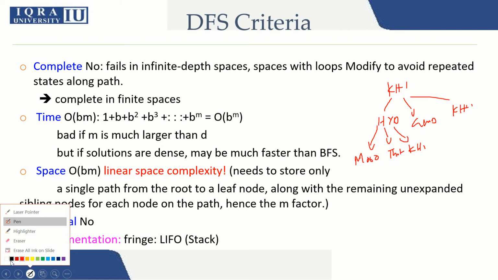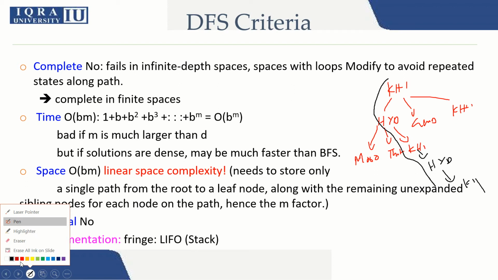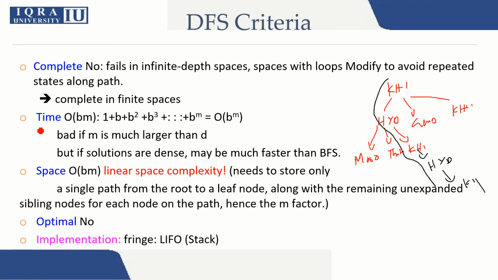If I start following this path, then I will be stuck in an infinite loop: Karachi, Hyderabad, Karachi, Hyderabad, and so on. This would mean that my algorithm will never stop. The algorithm will not solve. That's why it's not complete. If we have infinite depths, then it will not be complete.